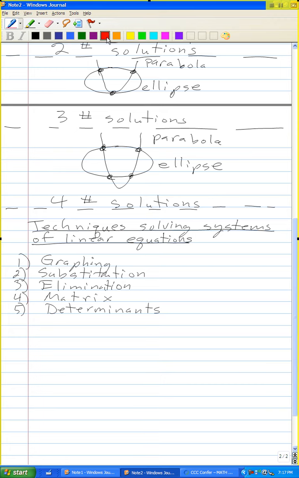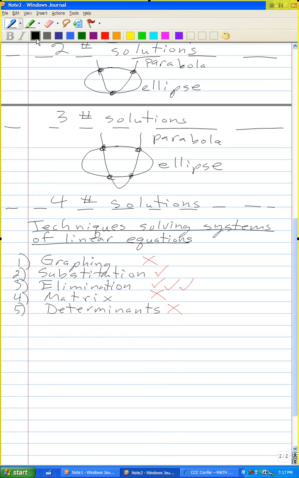Using matrices or determinants is not really applicable at all for solving nonlinear equations. We'll usually use elimination. We may sometimes use substitution, but the majority of times we'll be using elimination.